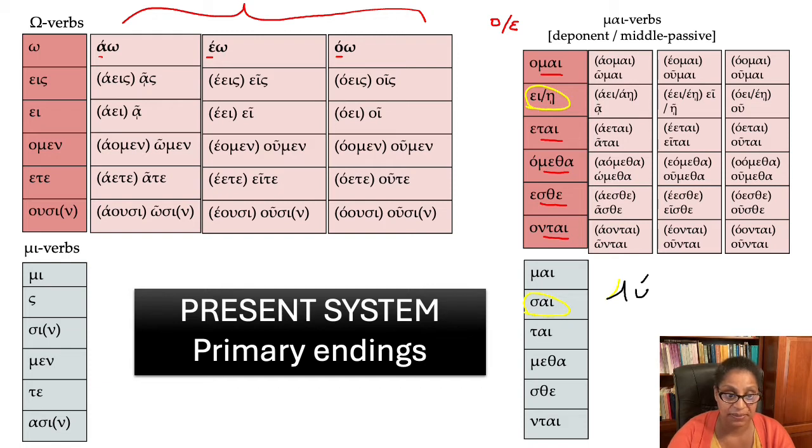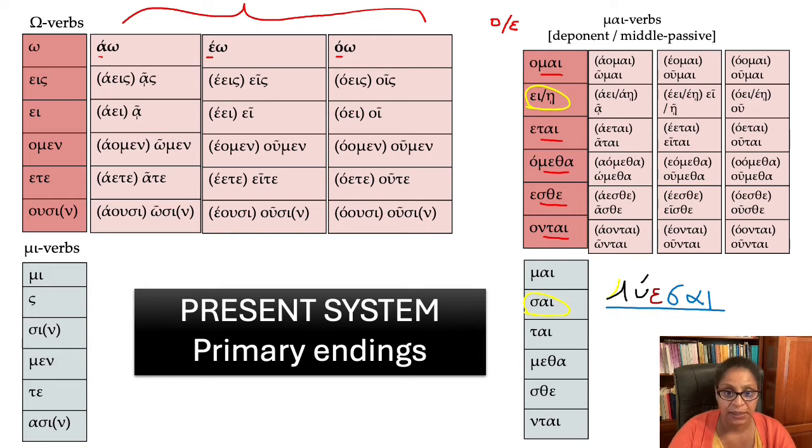Okay, and so I'm going to make the epsilon in red here. So here's our epsilon. That is our gluing vowel. And then we put our ending, which is psi. So I'm going to make the ending blue. Psi. Okay, so this is the ancient ending of luo in the middle.